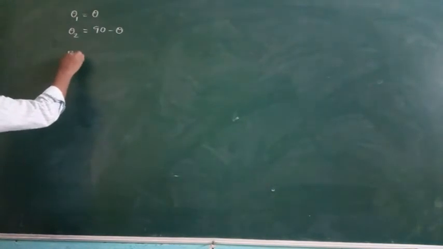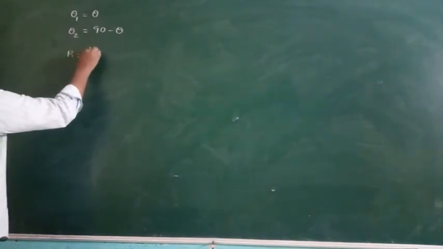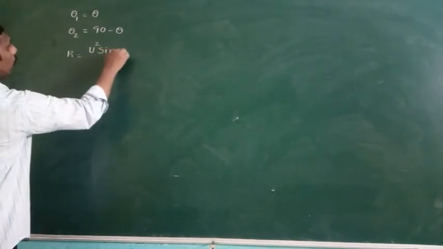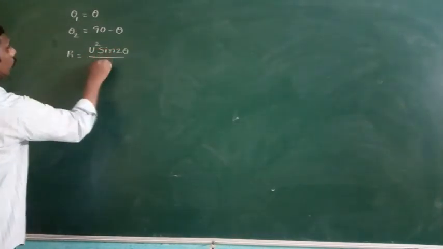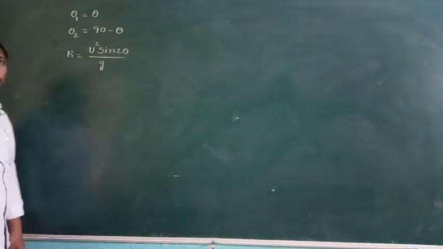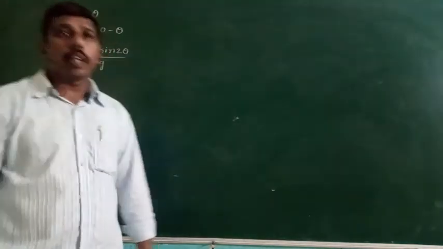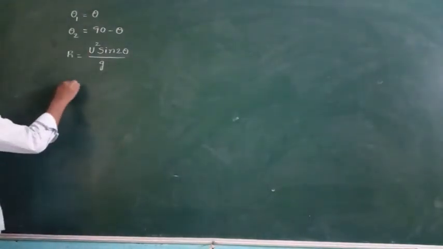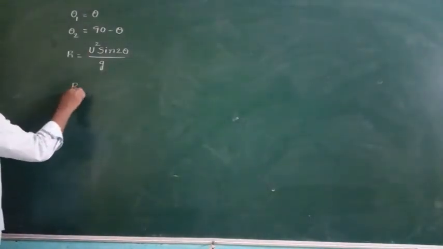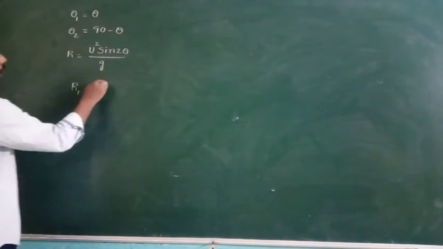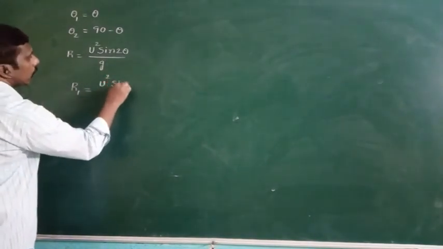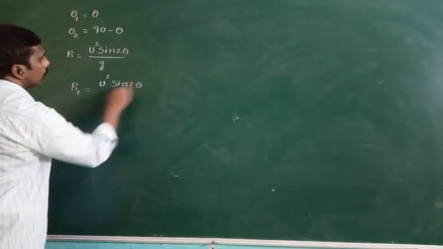You know the range equation: range r is equal to u square sin 2 theta by g. From this, the range of the first body r1 is equal to u square into sin 2 theta by g.